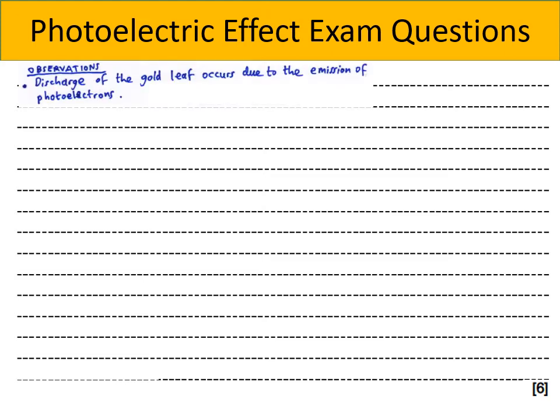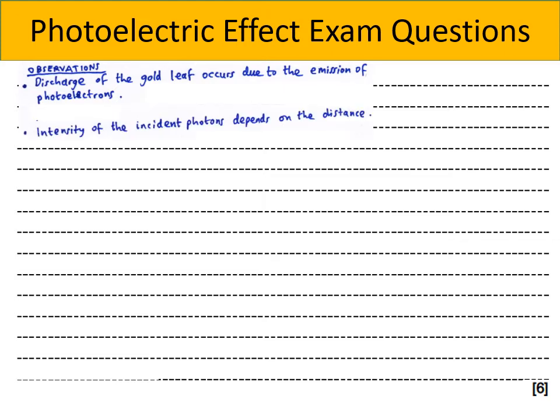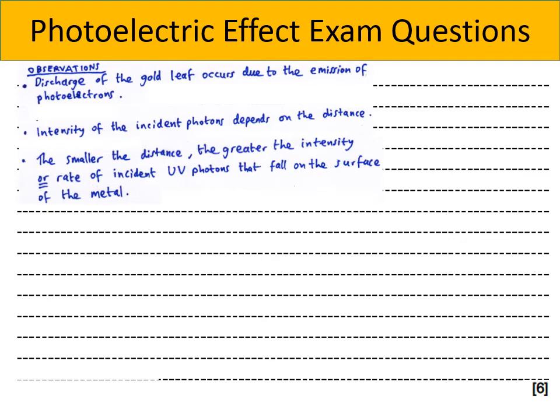Okay, so the first observation is that the discharge of the gold leaf occurs due to the emission of photoelectrons. The overall negative charge is being lost, and so the gold leaf starts to drop. The second point is that the intensity of the incident photons depends on the distance. The closer it is, the more intense radiation we have. The smaller the distance, the greater the intensity or rate of incident UV photons that fall on the surface of the metal.